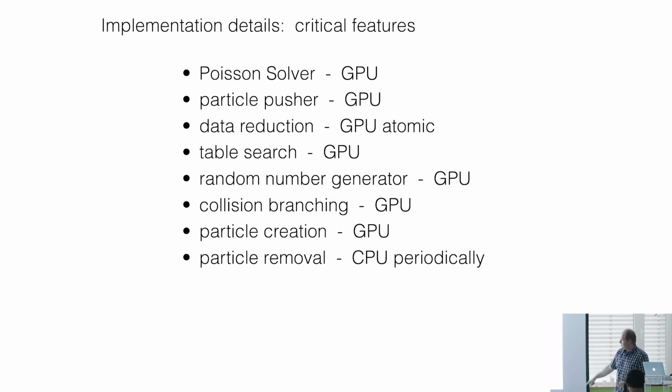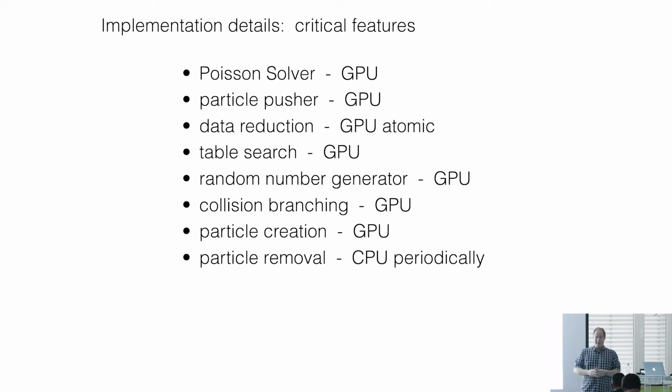And as I showed you in the circle, this iteration diagram, there are several steps. And of course, optimum is if you can implement all of them on the GPU, because then you don't have to move data in all time steps to switch between CPU and GPU. And actually, I guess we achieved that. So we have the Poisson solver, which is a relatively standard thing, different methods, but it's standard.